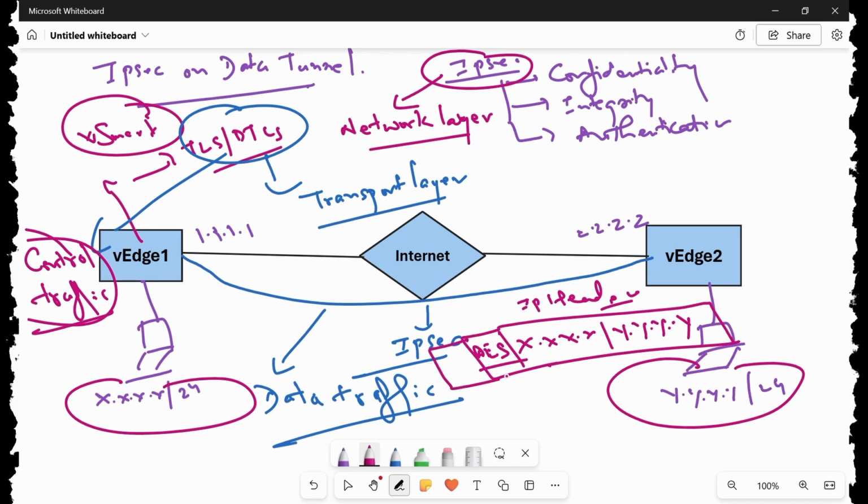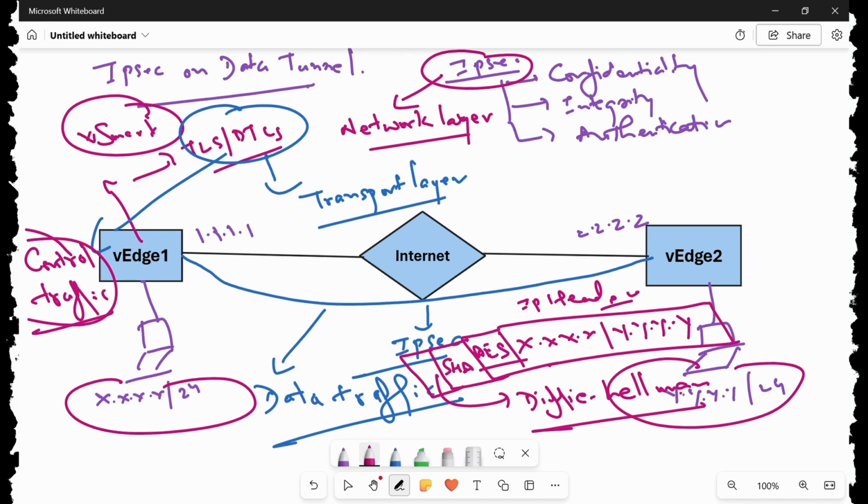It will add SHA for integrity, and for the keys exchange it's going to use the Diffie-Hellman algorithm.